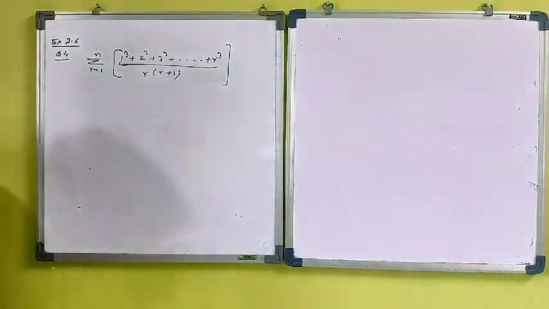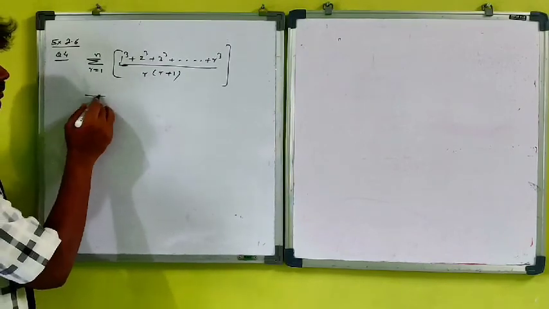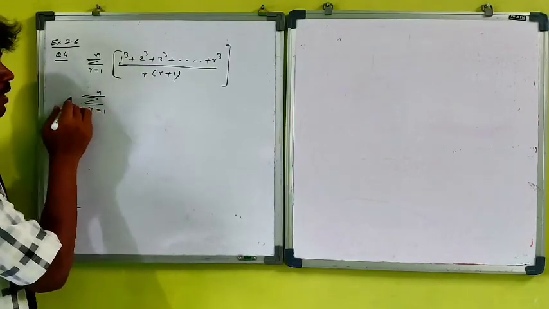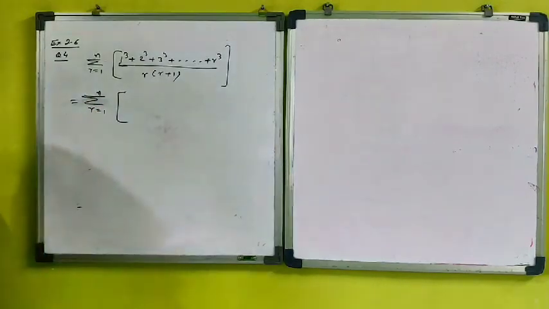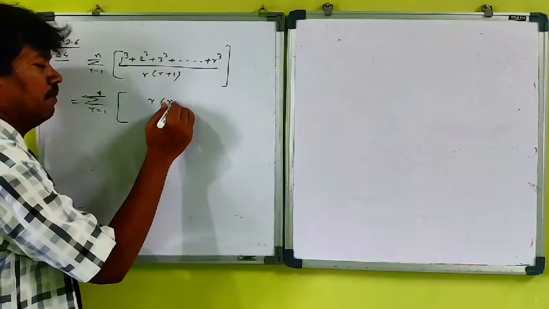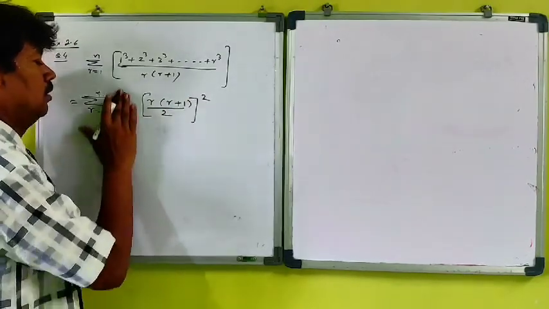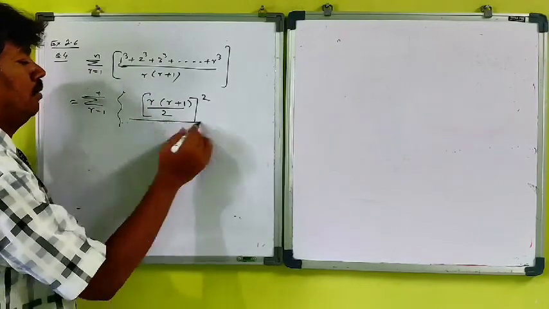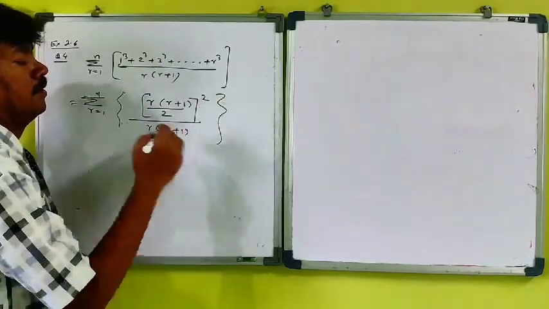The cubic expression is sigma r is from 1 to n, equals what is this? It is r into r plus 1 upon 2, the whole square, upon r into r plus 1, like this.